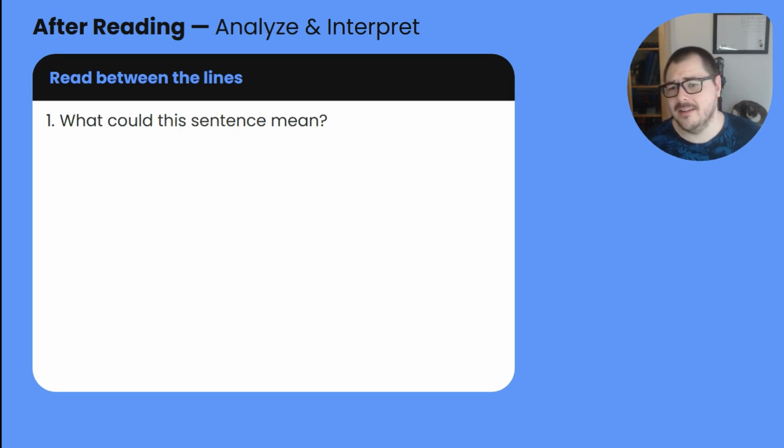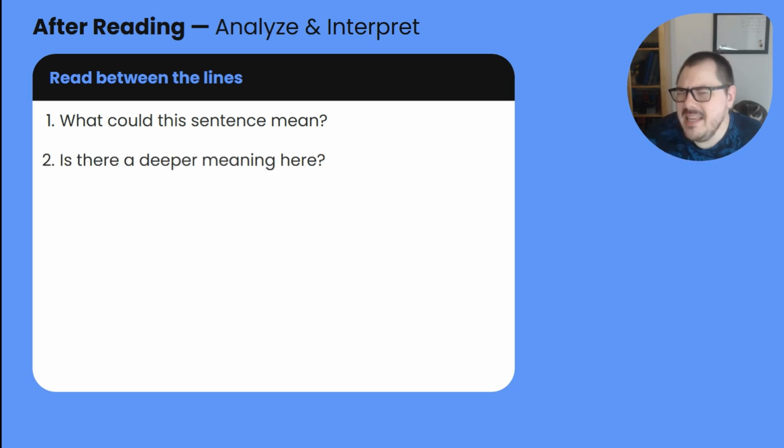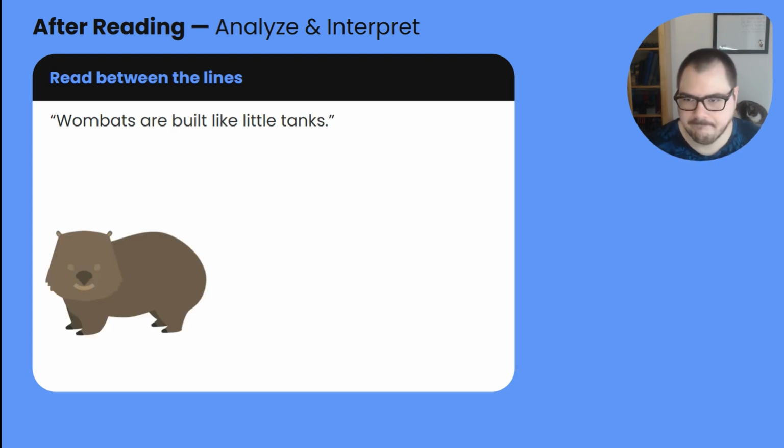Make sure that you go back on sentences that seem to have a strange meaning and ask yourself simple questions like, what could this sentence mean? Or is there a deeper meaning here? Take your time, focus on what these sentences could be telling you, and try to find the figurative language that could point to new meaning.